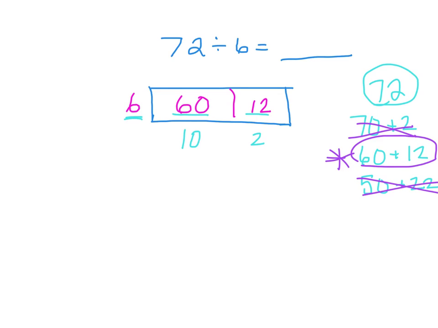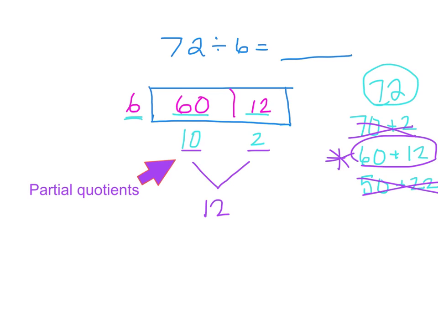These two numbers that I have here, 10 and 2, are my partial quotients. If you notice in the word partial, you see the word part. That means they are part of the quotient. In order to find my total quotient, I need to add them both together. So 10 plus 2 is 12.